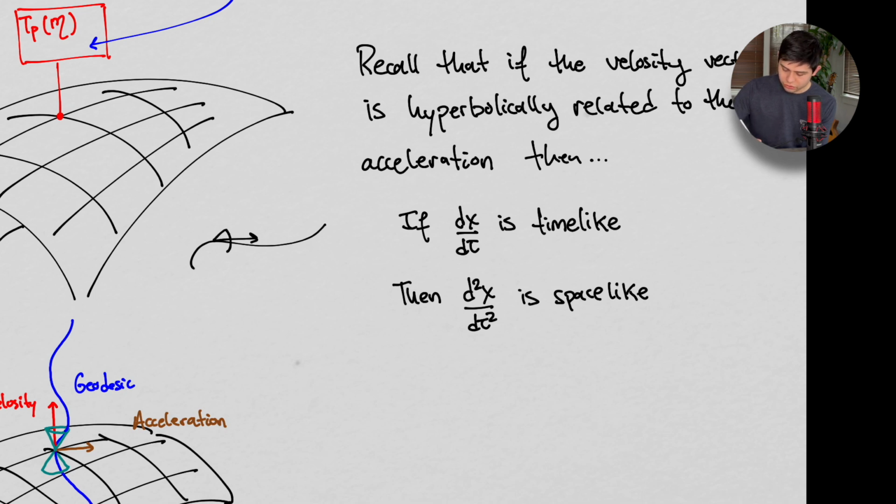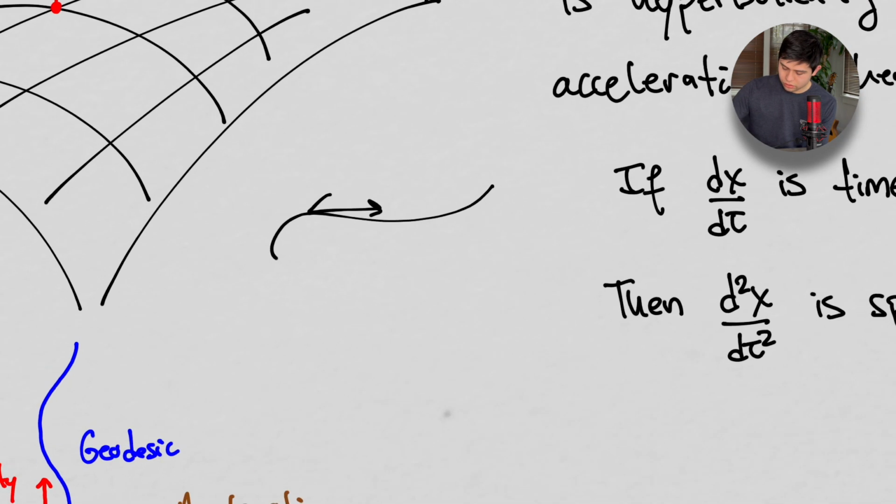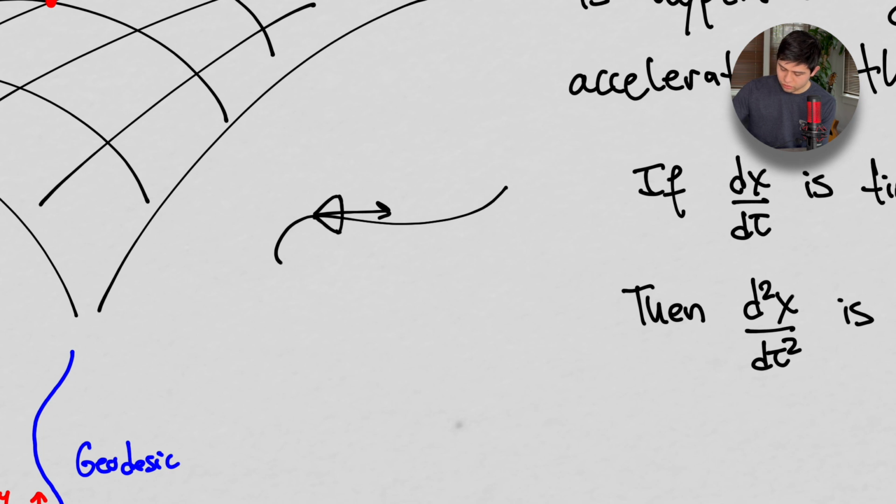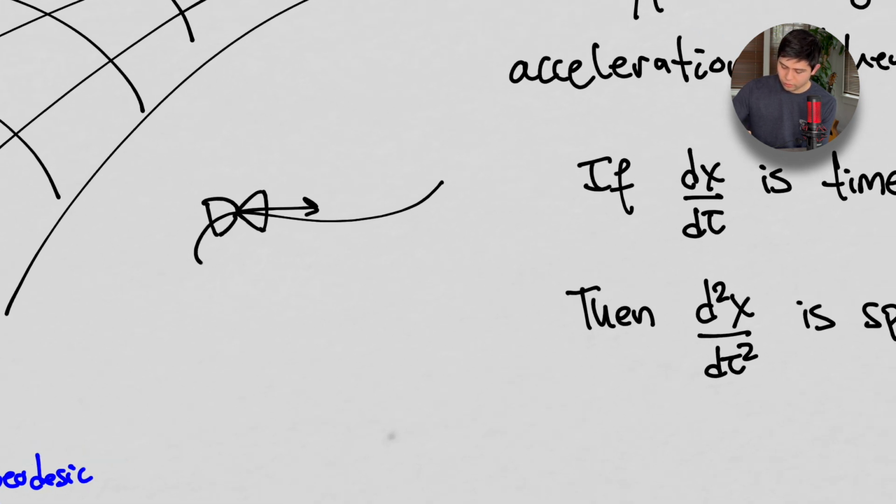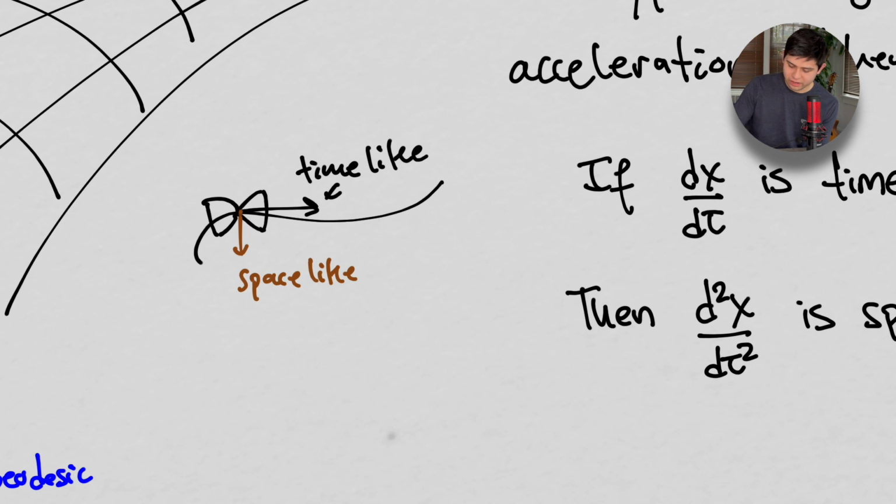We were able to show, here's our light cone. In one case, we have our time-like vectors. Then we have our space-like. And then what we actually haven't covered yet is our null vectors, right?